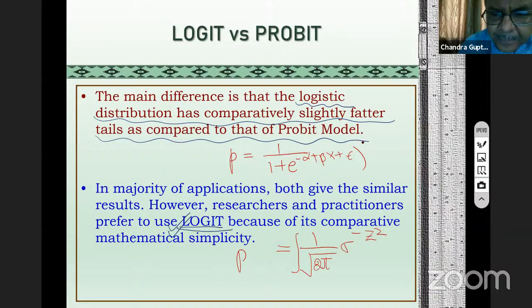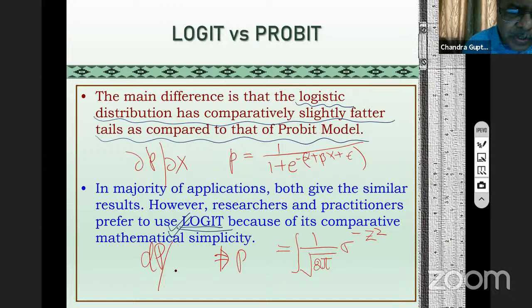So you can easily calculate change in P with respect to change in X, but it is difficult to calculate change in P with respect to X here. So further mathematical processing becomes difficult in the case of a probit model, and therefore in most cases people prefer to work with the logit model and not with the probit model.